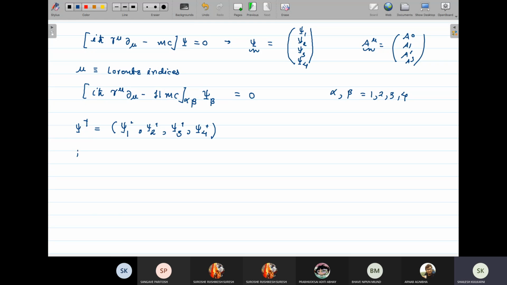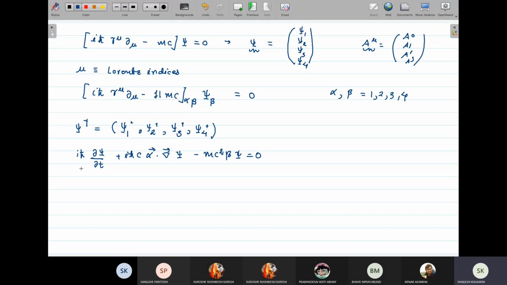That is i ħ dψ/dt plus i ħ c, instead of p, I will write gradient, psi, minus mc square beta psi equal to 0. So this is your Dirac equation.